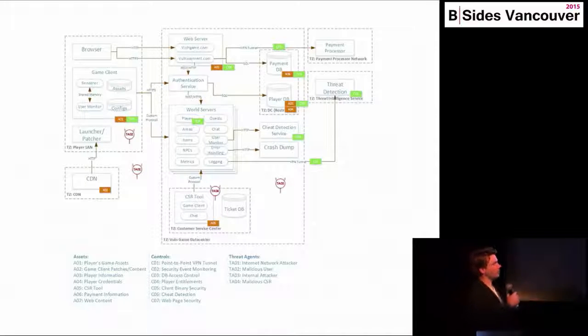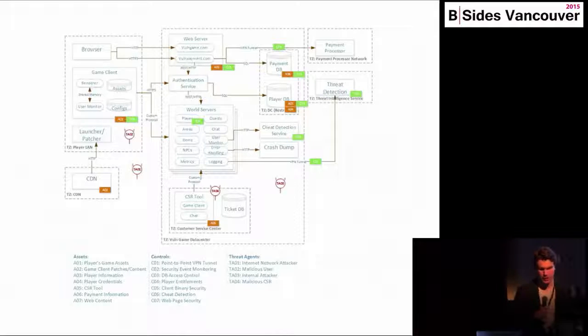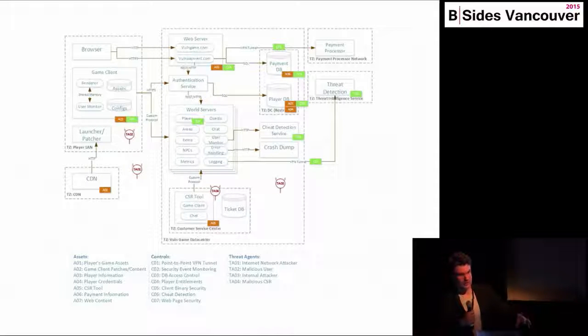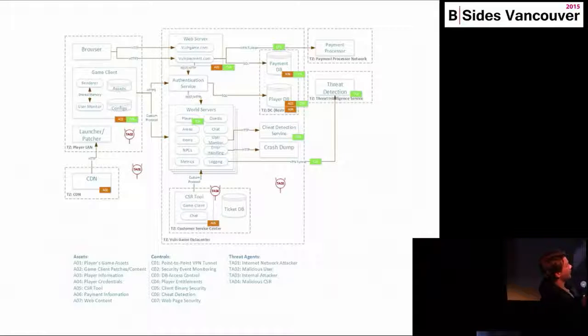Then you have other internal attackers, such as just the internal LAN attacker. So somebody who just gets a job at a gaming company is residing on that internal network. Depending on how that network is segmented, you may be able to do nefarious things as well. So if you look towards the top of our model, if you guys can see that, you've got some RESTful calls being made over clear text HTTP, including things to the authentication service, including things from the payments website.